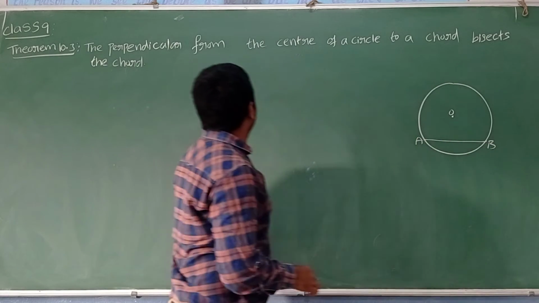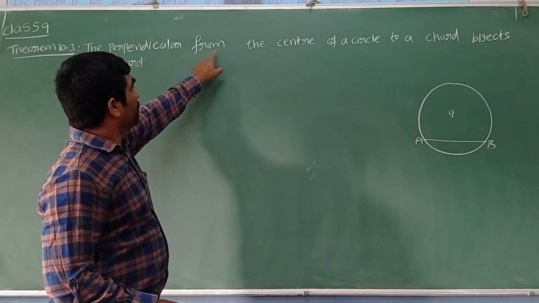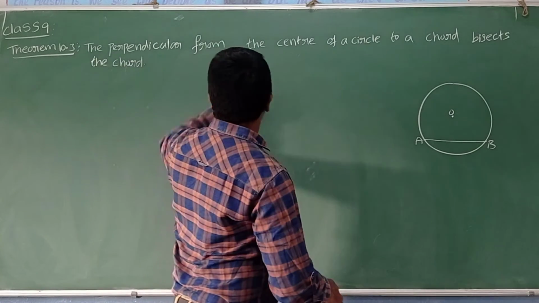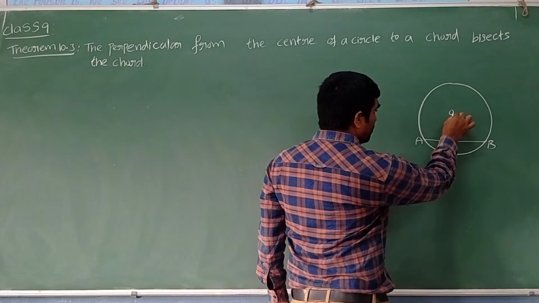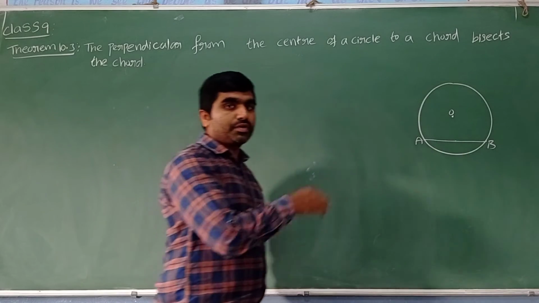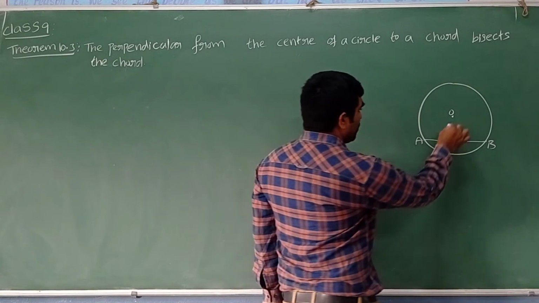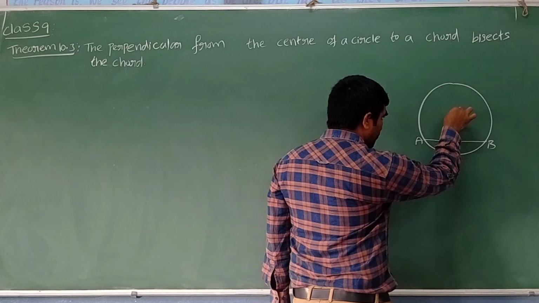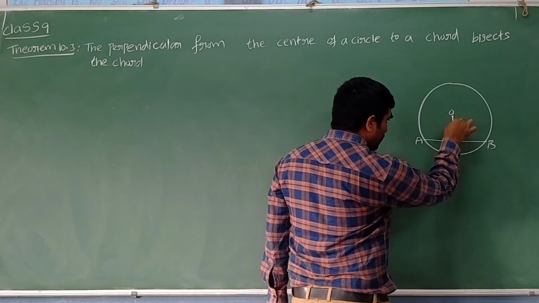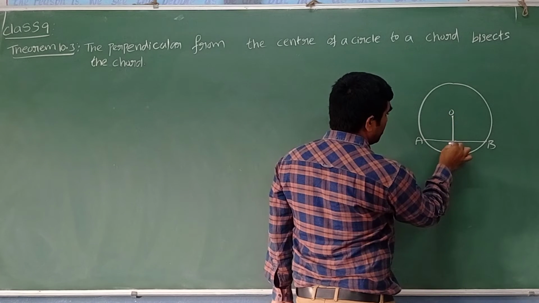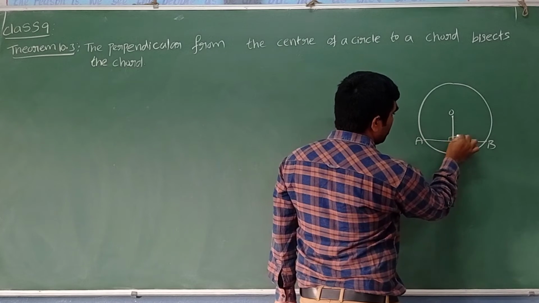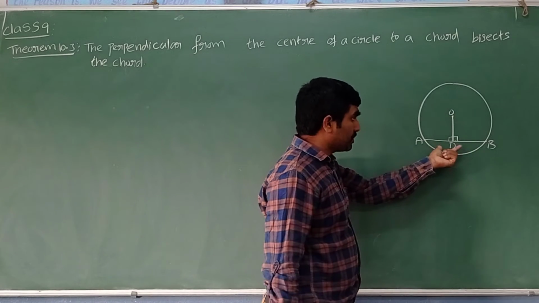And next, the perpendicular from the center of the circle to the chord. Yes, from the center of the circle to the chord, they are asking to draw one perpendicular. Draw one perpendicular from center O to chord AB. Name it D. OD is the perpendicular which is drawn.